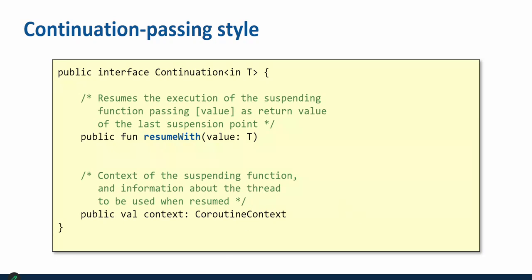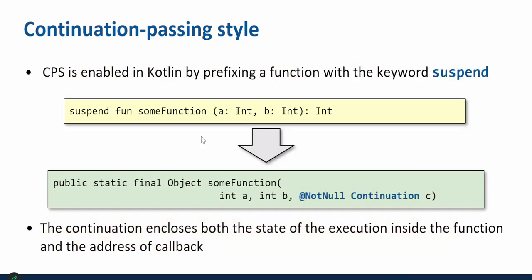Without preserving the coroutine context, and eventually having a different continuation to pass with a different coroutine context, we would not be able to operate the context switching inside the same state machine. So that's why each continuation holds the coroutine context.